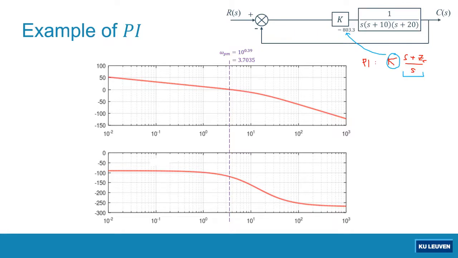How to do that? We introduce ZC to increase the slope of the magnitude plot at the low frequency region, right? Why do we want to do that? Because simply we want to upgrade the type number of our system from type 1 to type 2.